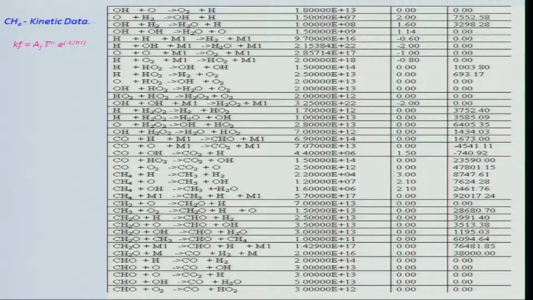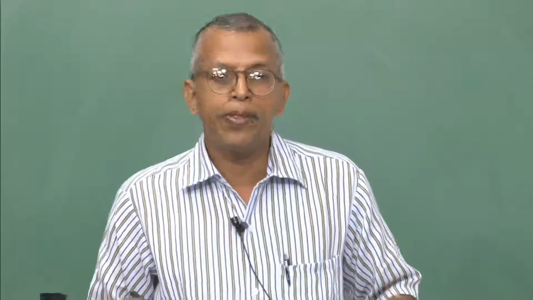And if you look at this is the kinetic data, Kf, where AF is your pre-exponential factor, T^m, these are the coefficient m, and E is your activation energy. These data are obtained from various experiments, of course, with the errors involved in it.